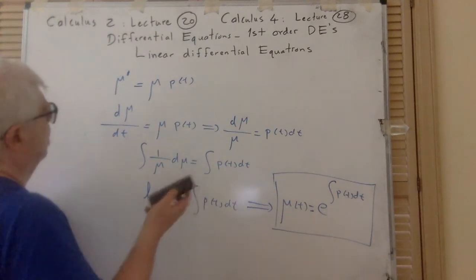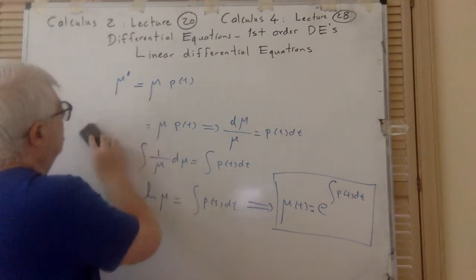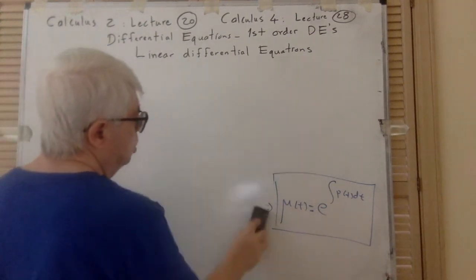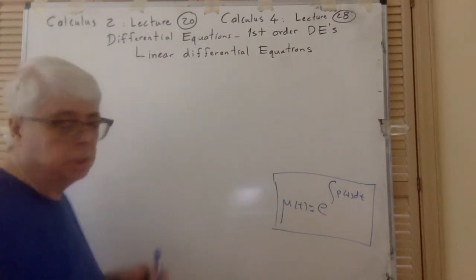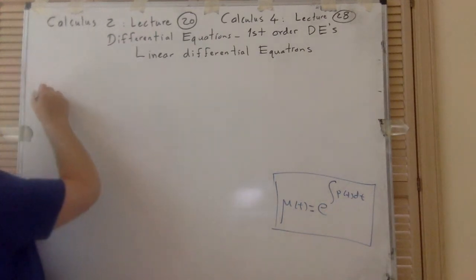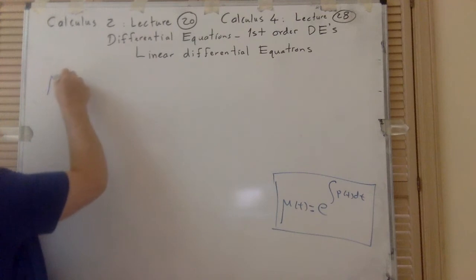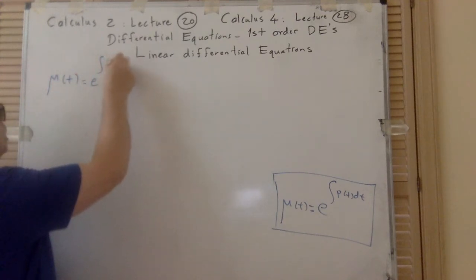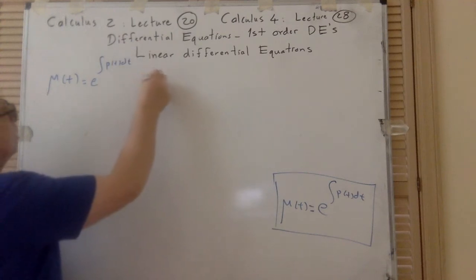So, okay, let's go back to our equation and write this mu t. This mu t is called the integrating factor. So mu t equals e to the power integral p t dt, that's the integrating factor.